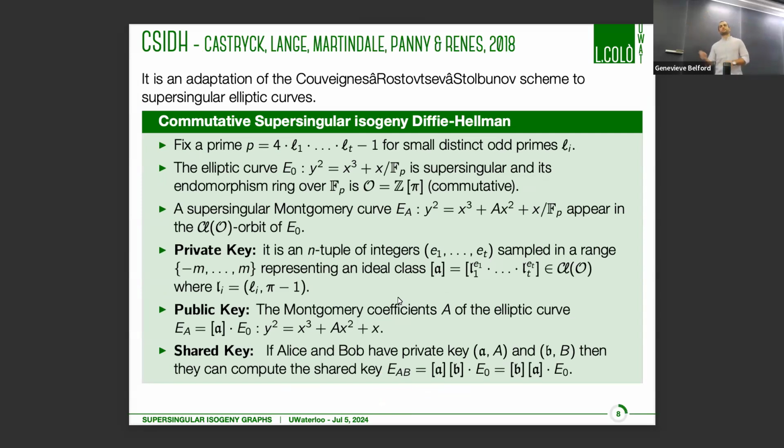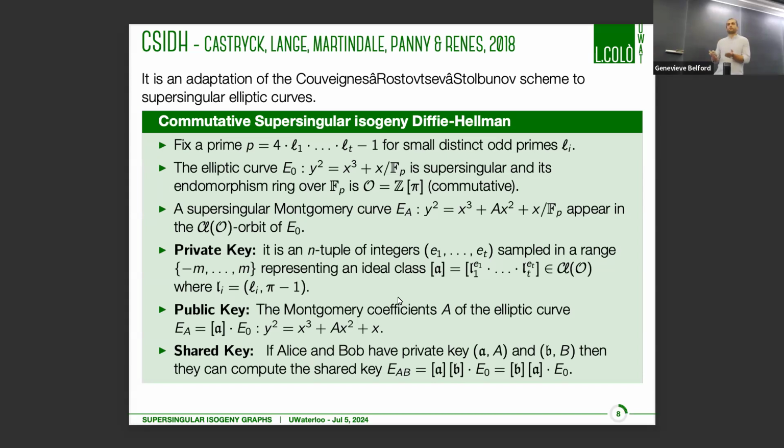You pick a starting point, you make ideals act, and exchange information about the ending point. But the way you can readapt that cryptosystem in the case of supersingular elliptic curves is you have to restrict your attention to those elliptic curves that are defined over the base field, so over F_p. So you have to discard all those elliptic curves that are defined over F_p squared. And you also have to look at just those endomorphisms that are defined over F_p.